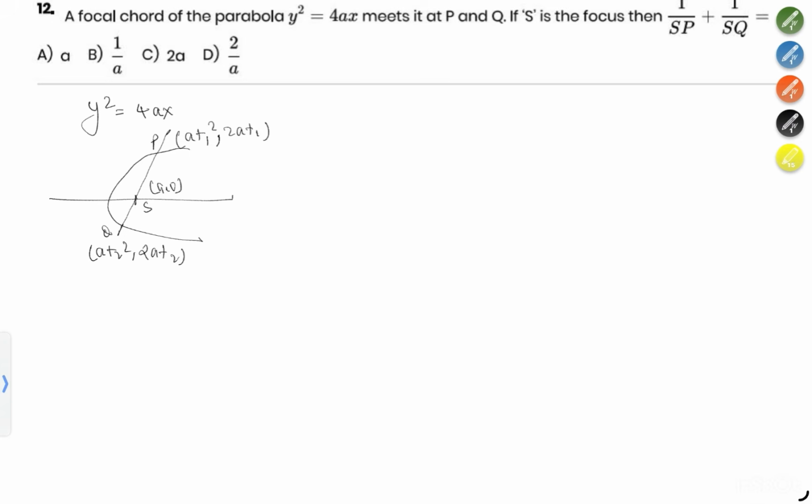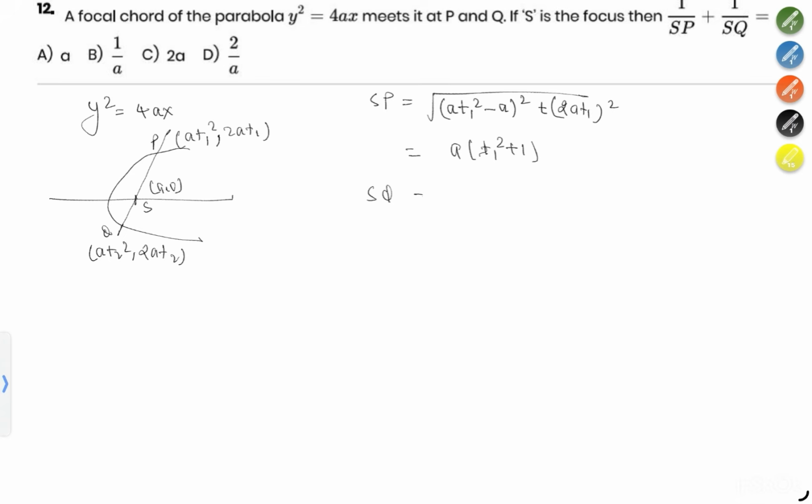They are asking for SP and SQ, so let us find those values first. SP is the square root of (at1 square minus a) whole square plus (2at1) whole square. If you simplify it, it is going to be a times (t1 square plus 1).